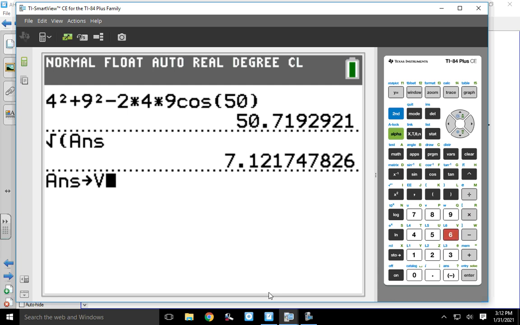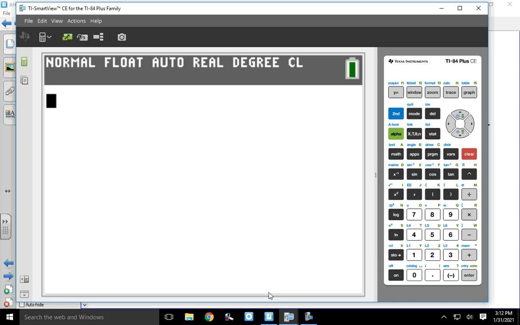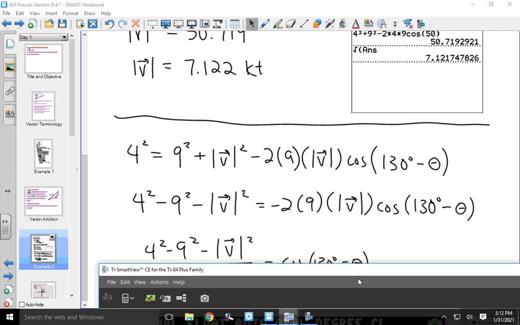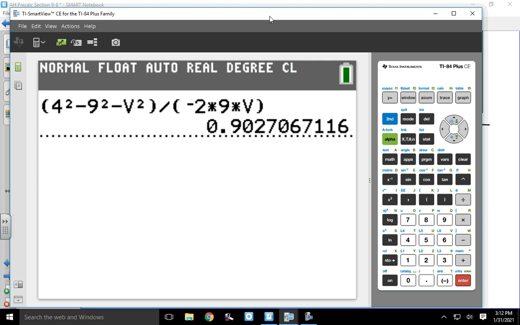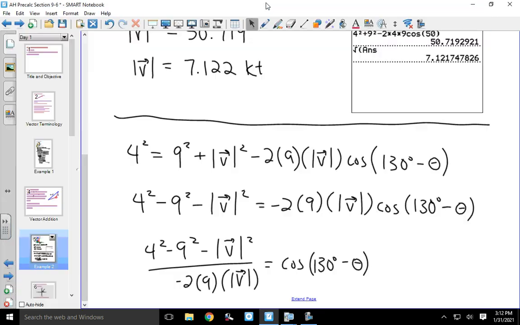I have to remember my calculation again: it's 4 squared minus 9 squared minus the v squared, and we're dividing that by negative 2 times 9 times v. All right, so 0.903, I guess, is what we'll write that as.